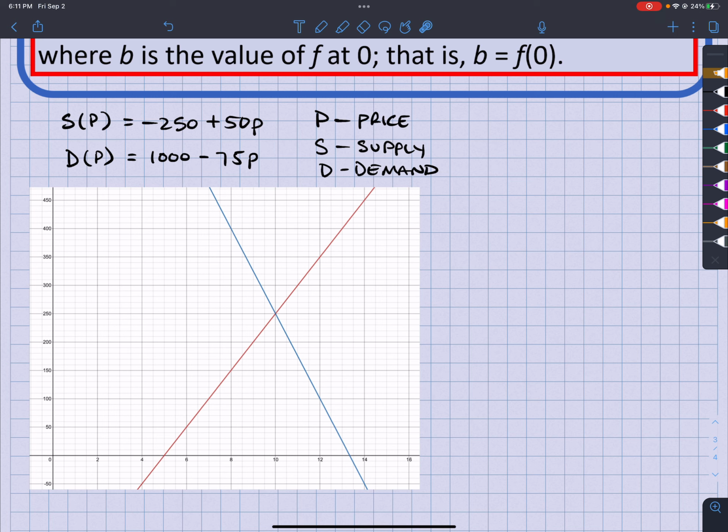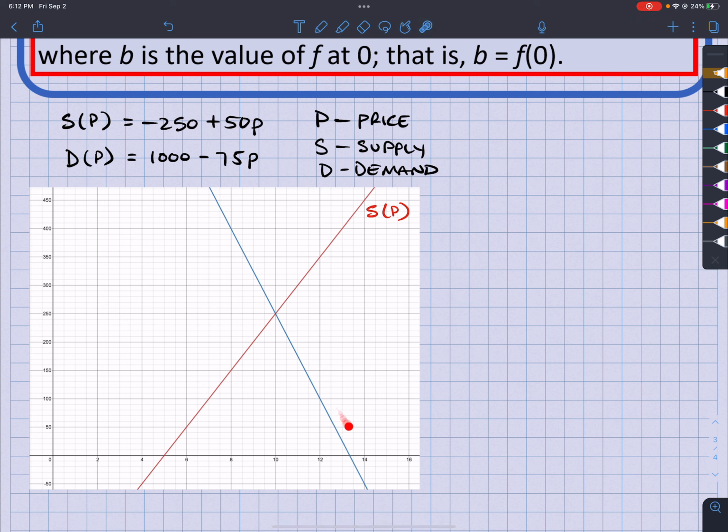So number one, when we look at the slope and we compare it to the line that we see here, right, we should know which one is which, all right? So this is the y-intercept because it's the number that stands by itself. So that's a y-intercept. And the slope here is positive, so meaning going from left to right, it's going to go up. So this here must be my supply, S of P.